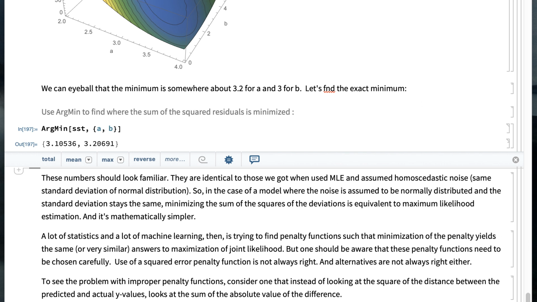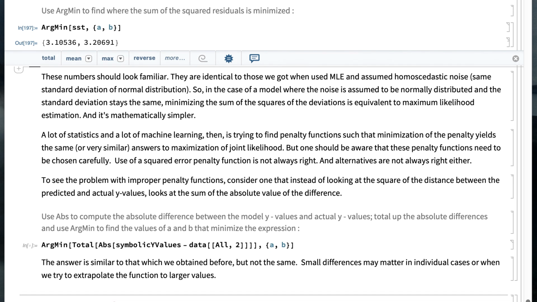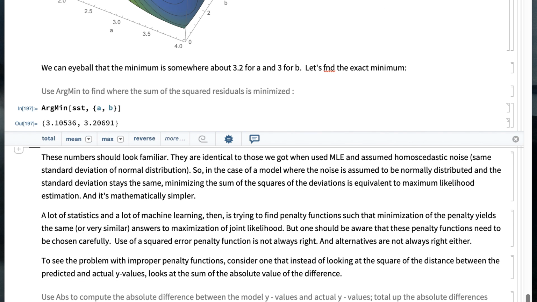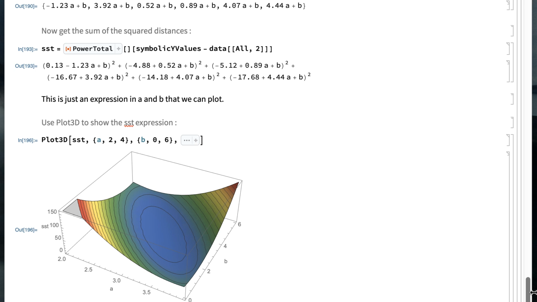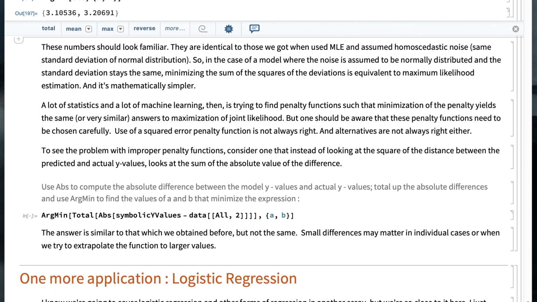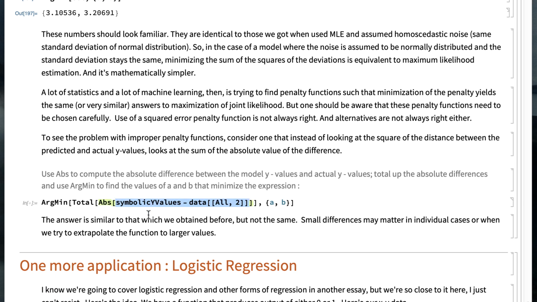We could try other penalty functions, by the way. Supposing instead of taking the sum of the squared residuals, as I did here, I took the sum of the absolute values of the differences between the predicted value there and the actual value there.